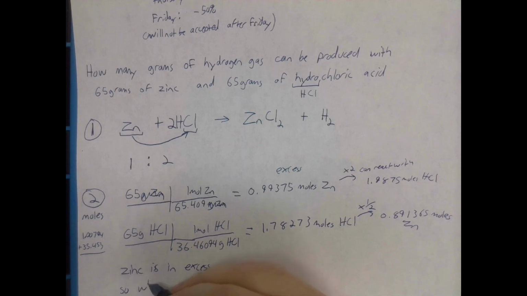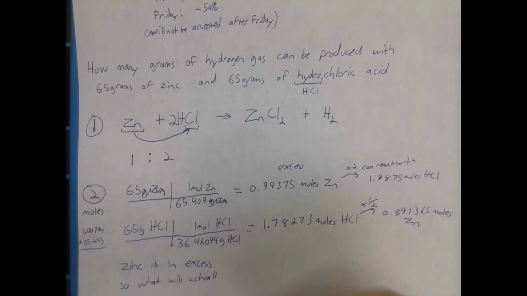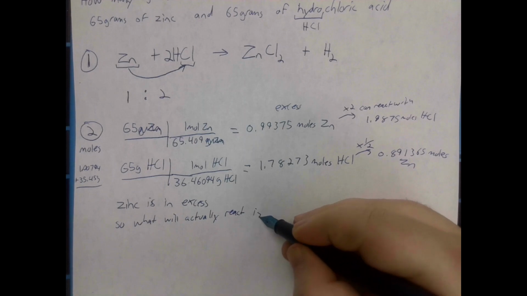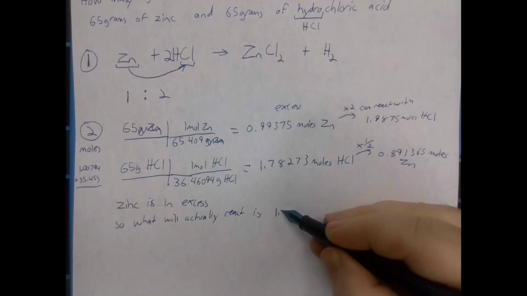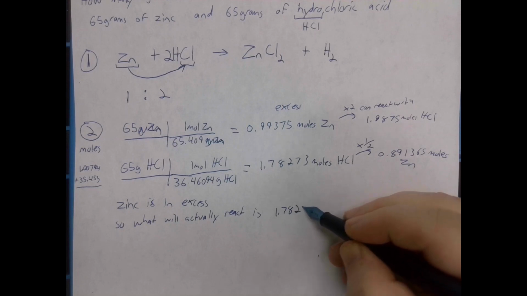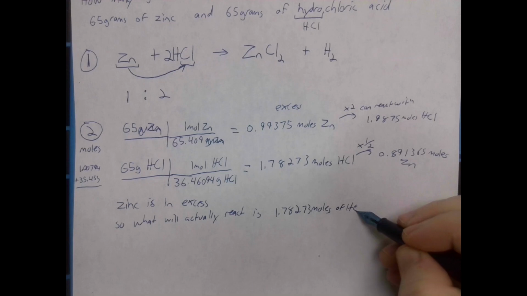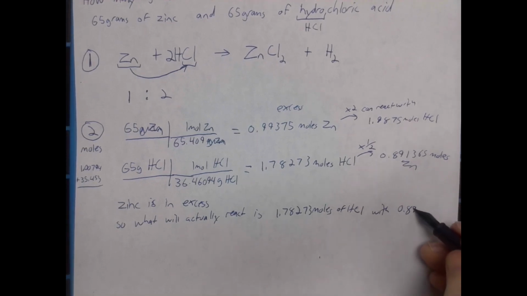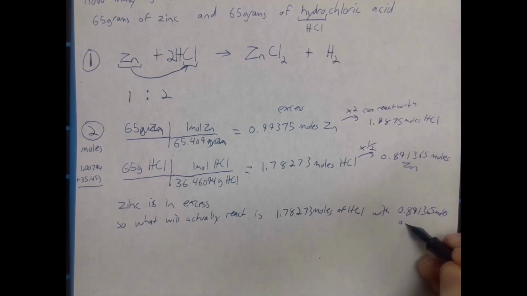So what will actually react is 1.78273 moles of HCl with 0.891365 moles of zinc.